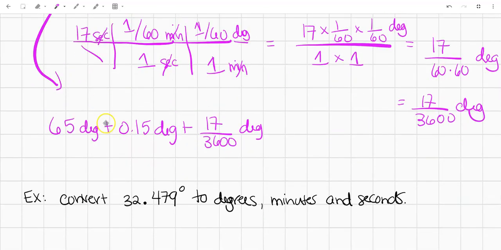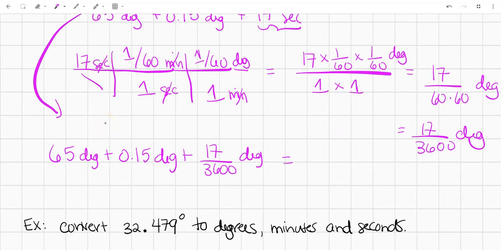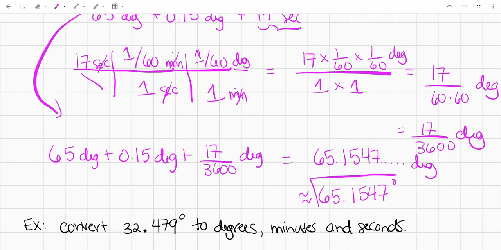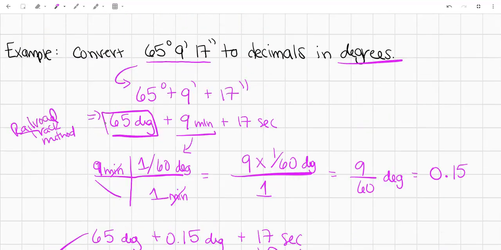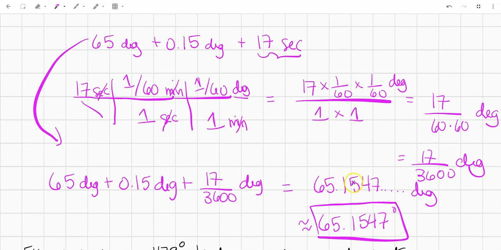If you add these all together in your calculator, you should get approximately 65.1547 degrees, and you can use the degree symbol. This is how you would convert degrees, minutes, and seconds into just degrees.